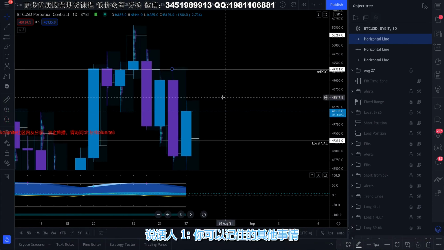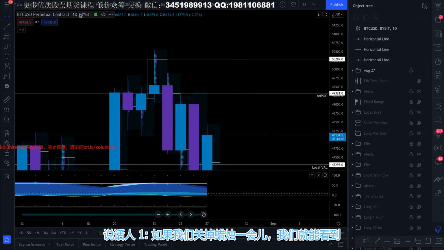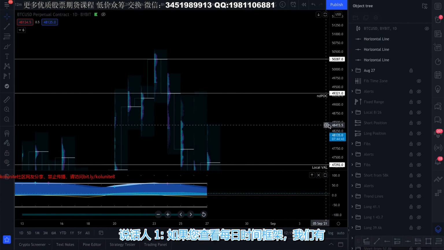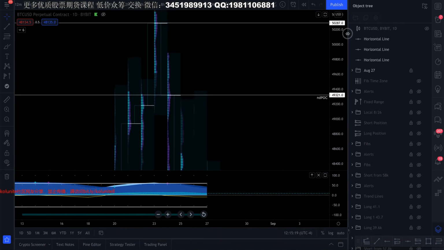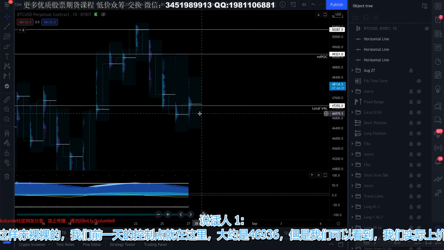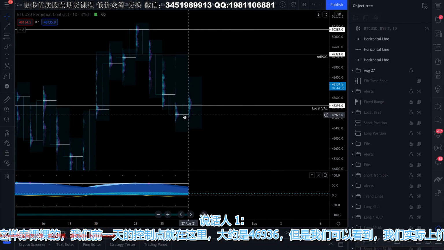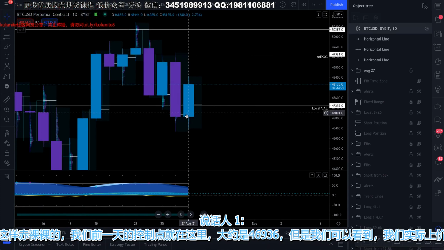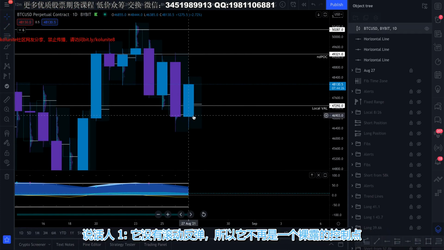Other things you can keep in mind here: if we turn off the candles just for a second, and you're looking at the daily time frame, if it's not naked, right? Like right now, we have this previous day point of control right here at about 46,936, but we can see that price did come down and tap that, and there was no real bounce off of it.